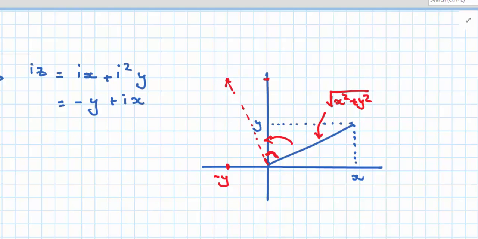And since we still have x and y, we are going to end up with a vector of the same length. So the only change is the original vector would have had an angle of theta, the new vector has an angle of theta plus 90.